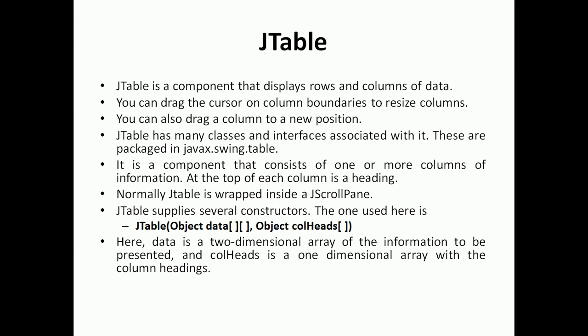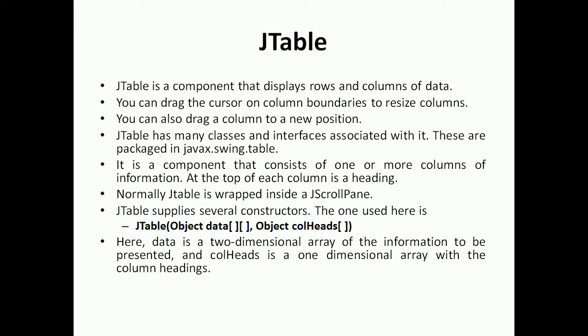So first we'll see what exactly the JTable is. JTable is a component that displays rows and columns of data. You can drag the cursor on column boundaries to resize the columns. You can also drag a column to a new position. JTable has many classes and interfaces associated with it. So these all are available in the javax.swing.table package.